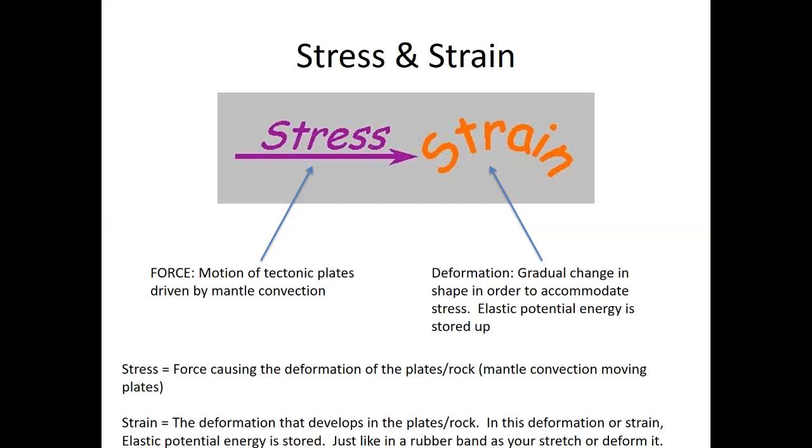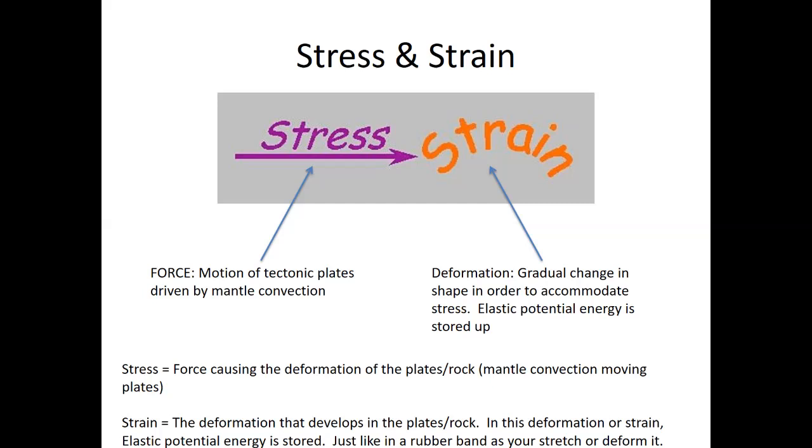So the pieces of the lithosphere are moving because of the convecting mantle beneath them, and that generates a force. And that force, that movement of the tectonic plates, causes the rock to deform, to change shape. And that's what we call strain. So stress causes strain.